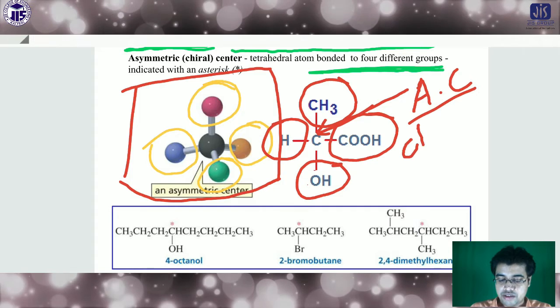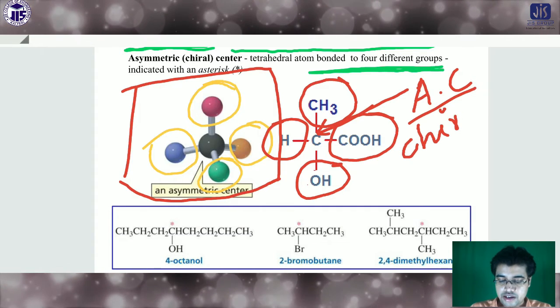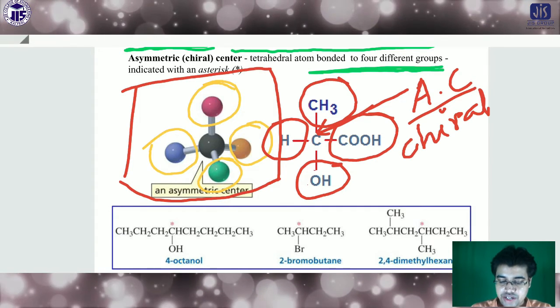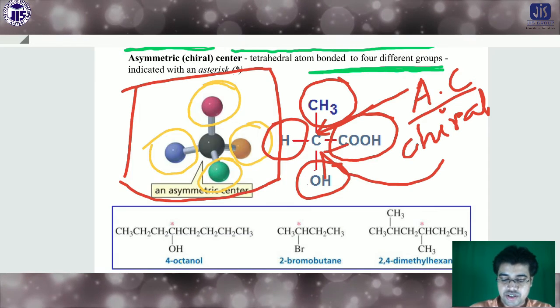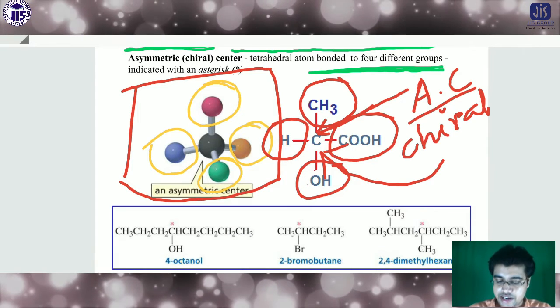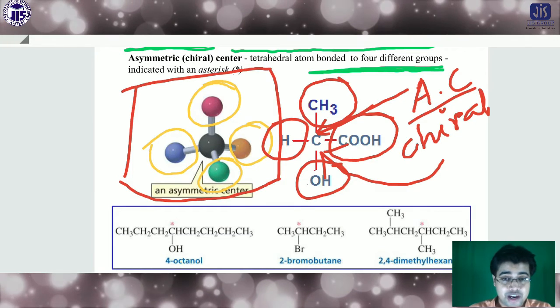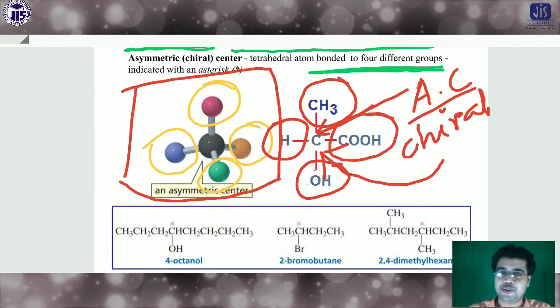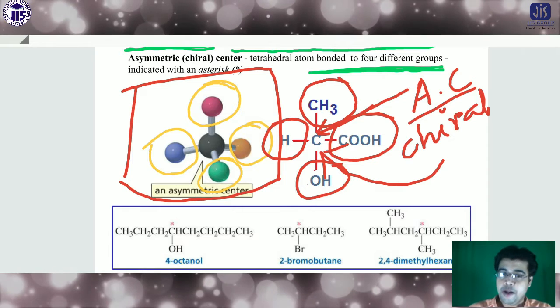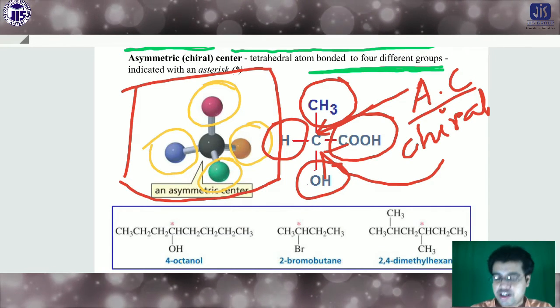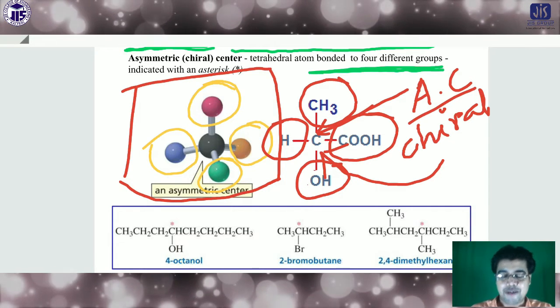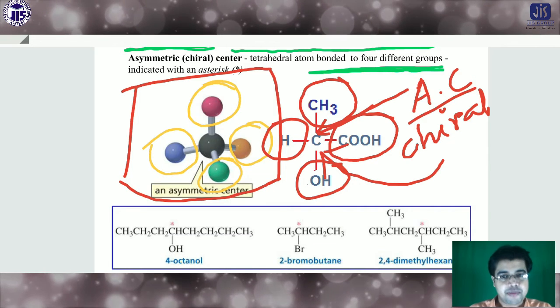This center is also called the chiral center. So there are many terms which I told you. First of all, the asymmetric carbon, which has four different groups attached to the carbon. Then the compound may be chiral or the center may be chiral.